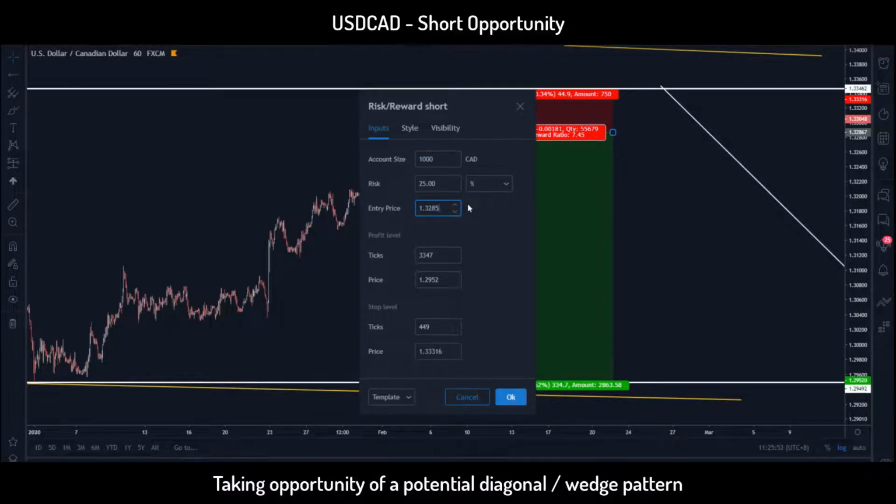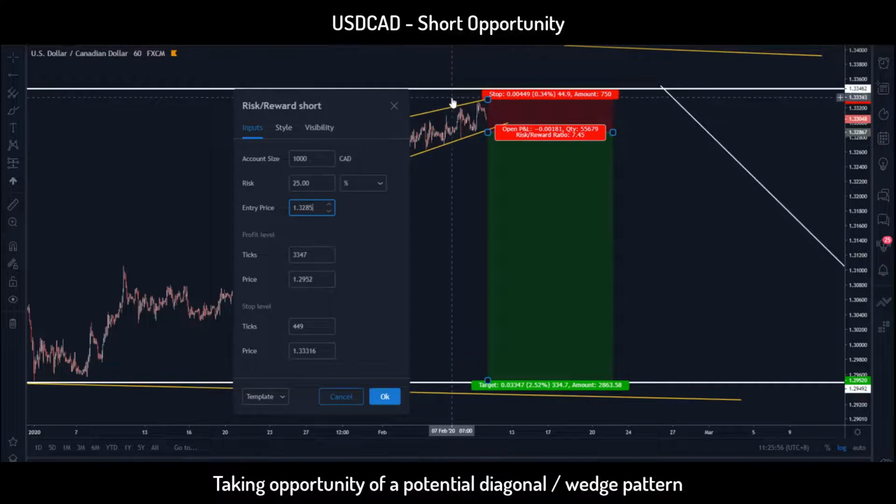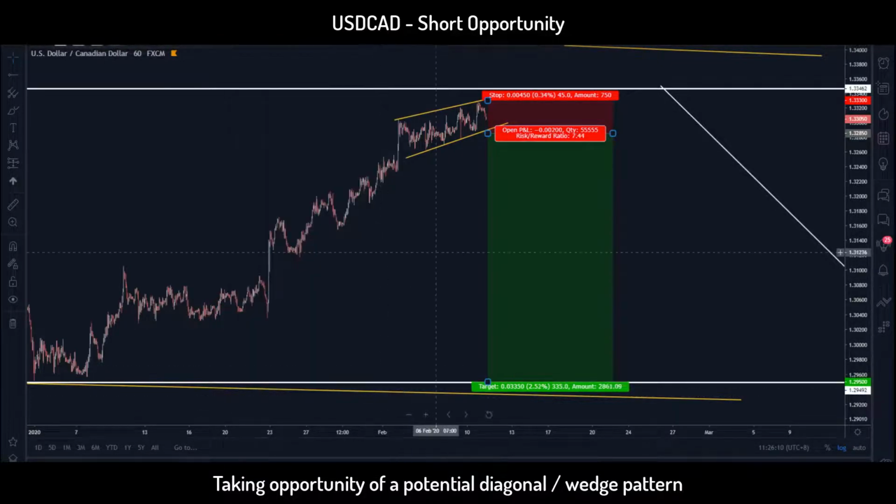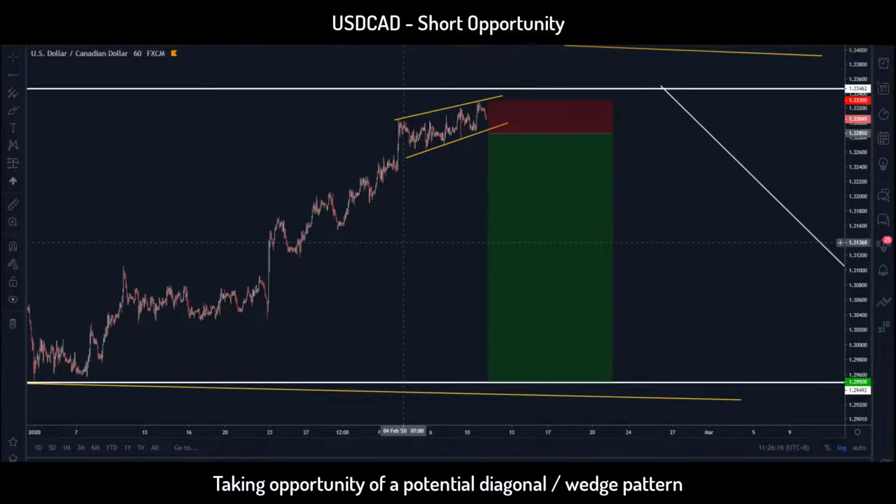Over here, I'll probably put it at 1.3285, with the stop slightly above the high, 1.333, and the take profit I'll round out a little to 1.2950. That will give me a risk reward of 7.44 with a stop loss of about 45 pips.